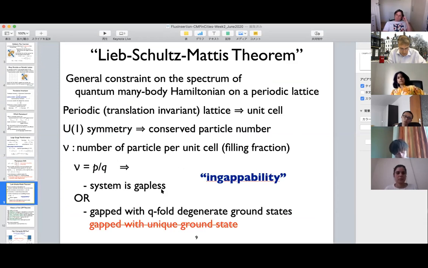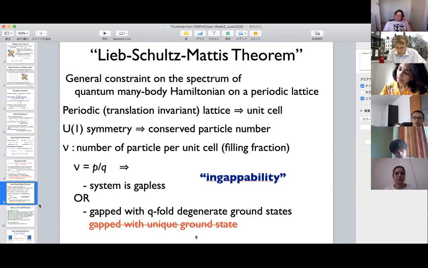Either the system is gapless, or if the system is gapped, then the system must have a Q-fold degenerate ground state. So what is excluded is that you cannot have a unique ground state with a gap if the particle number density is fractional. So this, in some sense, shows the ingappability of the system. And this kind of theorem is called the Lieb-Schultz-Mattis theorem, or a generalization of it.